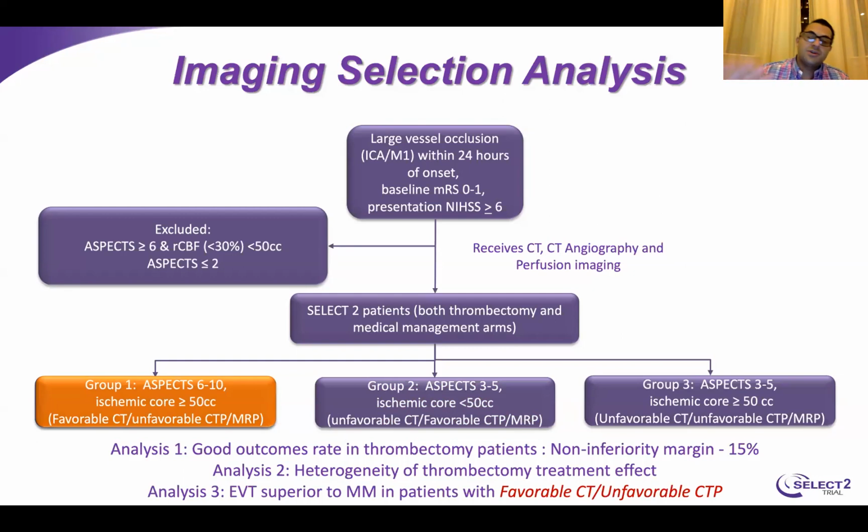So like we showed earlier, your patient who potentially had that ASPECTS of 9 or 10, and it looks great on CT, but the CT perfusion did show core greater than 50 cc's. If endovascular is superior in those patients, that really means CTP is excluding patients from mechanical thrombectomy.